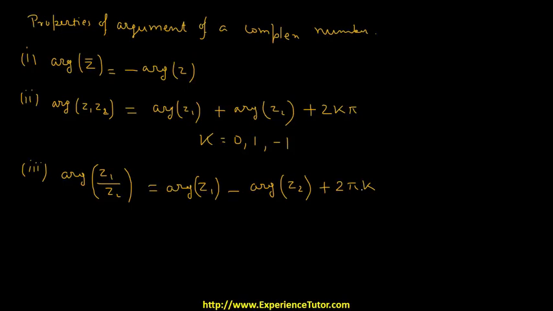So it will be better to write 2k pi, where k is equal to either 0 or 1 or minus 1.